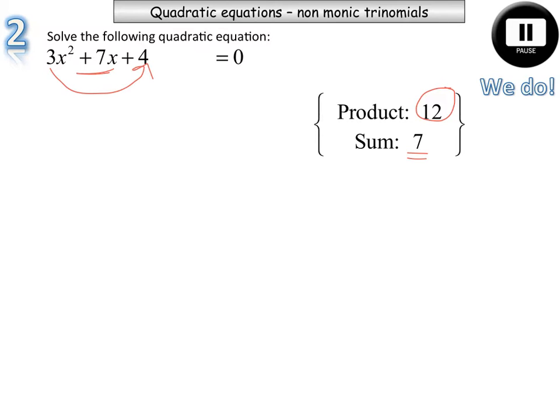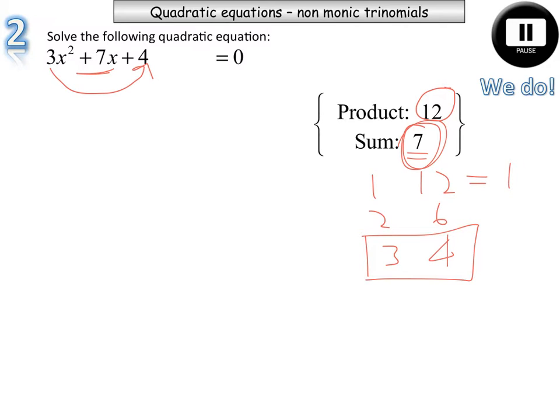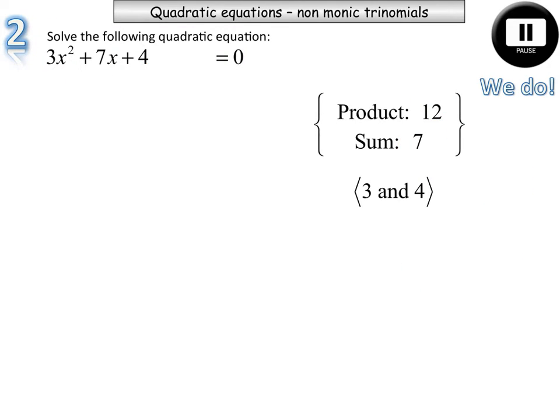So two numbers to multiply to get 12, and it's positive 12, so positive 1, positive 12, 2 and 6, 3 and 4, so then adding these two, I get my sum. That gave me 13, that gave me 8, that gave me 7, and that's the correct one. So 3 and 4, I'm going to split up the 7x, the middle term, to a 3x and a 4x.